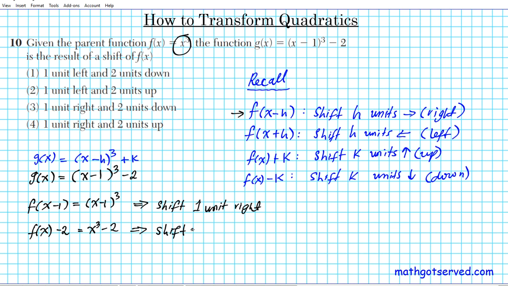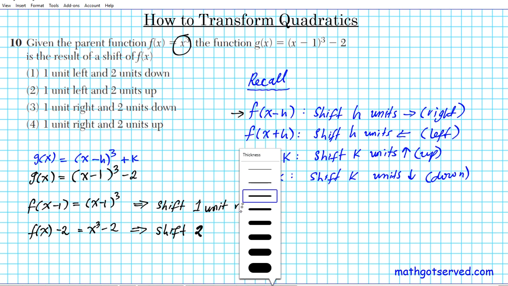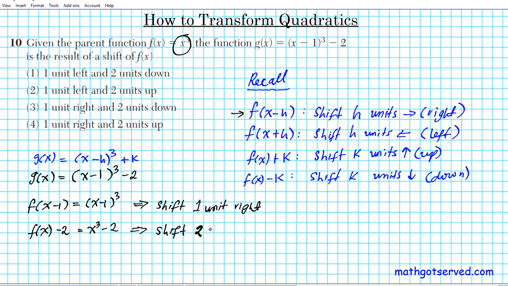But if it's minus, it's actually going to shift 2 units down. So basically, the number that you're adding to the function as a whole represents your vertical shifts. So this is up and down. F of x minus 2 applies to this particular scenario right here. So the function minus a number will result in a vertical shift downwards.